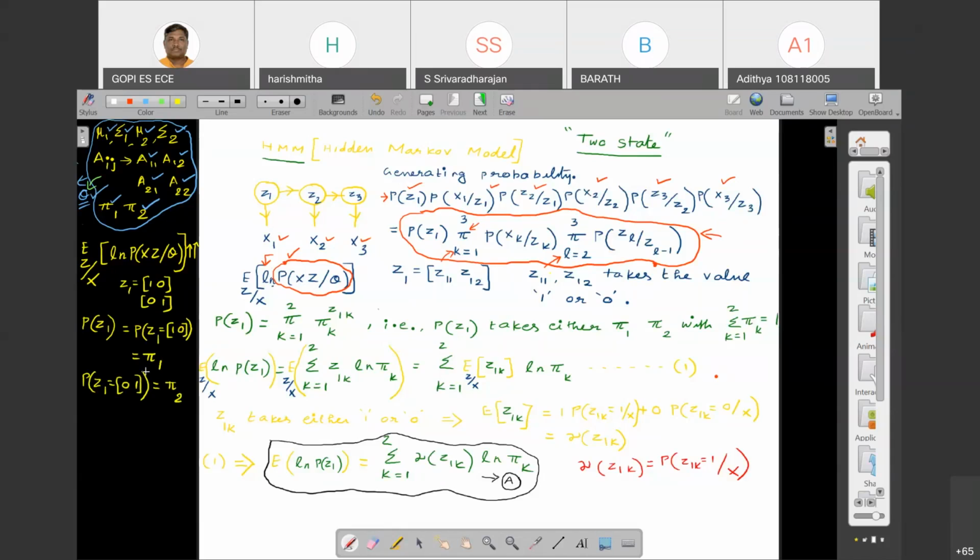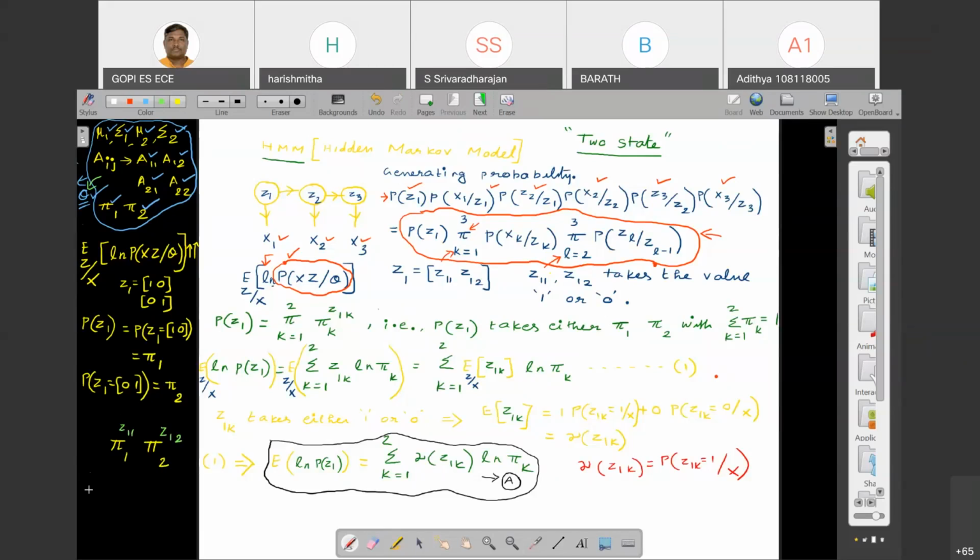This is described by the actual value of your Z1. So how do you write that? The idea is that you write it as a product of pi 1 and pi 2, and then you put as the power the elements of Z1. Elements of Z1 are Z11 and Z12. It's as simple as that.